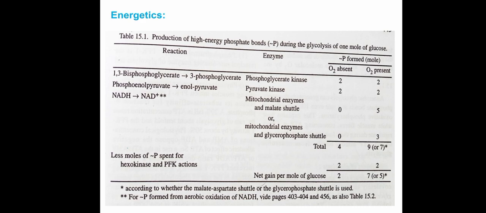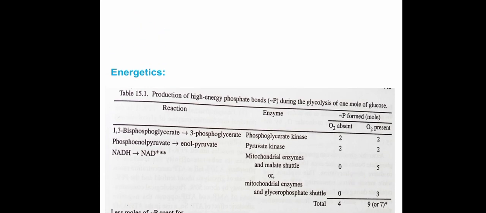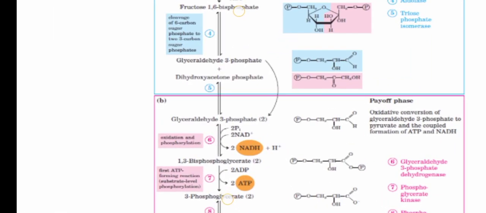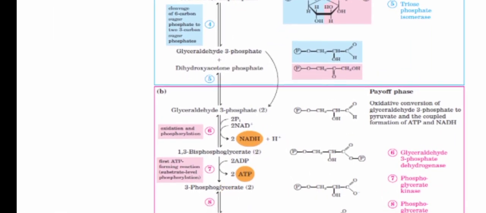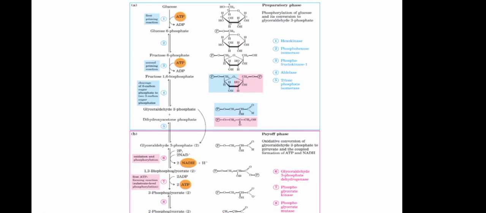But if it is going on through the aerobic condition, oxygen is present, that means the NADH which is produced in step number 6, just remember, from glyceraldehyde 3-phosphate to 1,3-bisphosphoglycerate, NAD plus to NADH plus H plus.